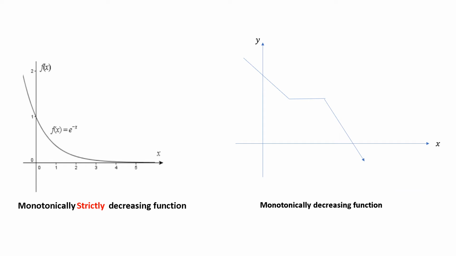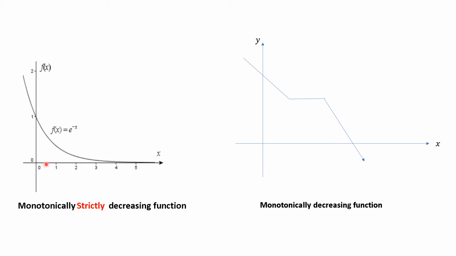Now let us see decreasing functions. In decreasing functions also there are two types: decreasing in strict sense and decreasing in usual sense. See the first graph, y is equal to e power minus x.